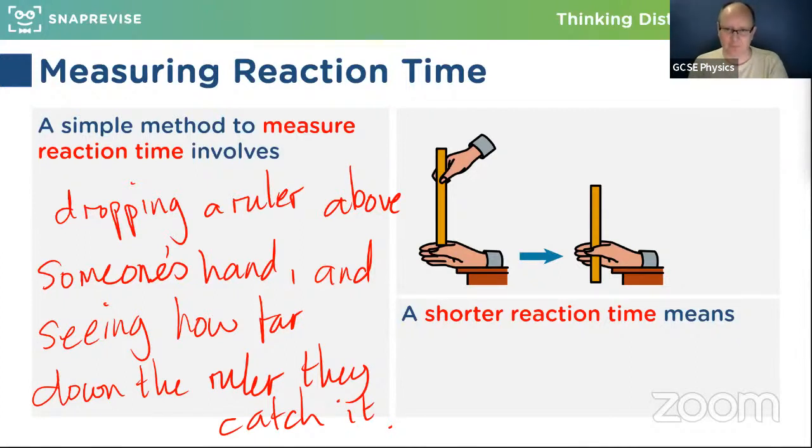And the further the ruler falls before they're able to catch it, the slower the person's reaction time. So the shorter reaction time means the ruler will be caught nearer to the bottom. It'll be caught quicker.